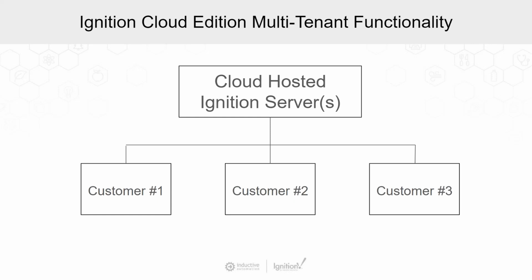It would certainly be cheaper, right? Because now each customer is not having to pay for their own Ignition server. I can just, as a service provider, buy one license, and then I can just make sure that I'm appropriately segregating my customers' data, and I'm managing the user access so they only have access to their data and all that kind of stuff. But how do I then charge my customers?